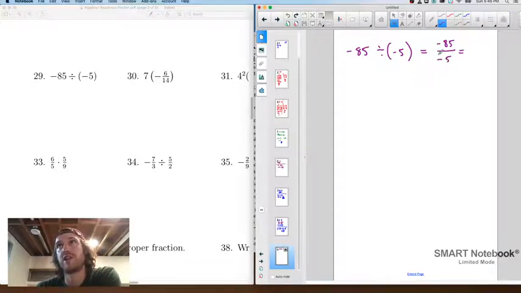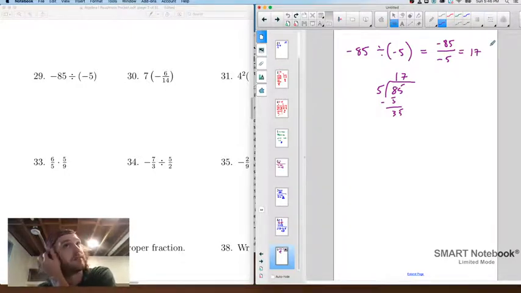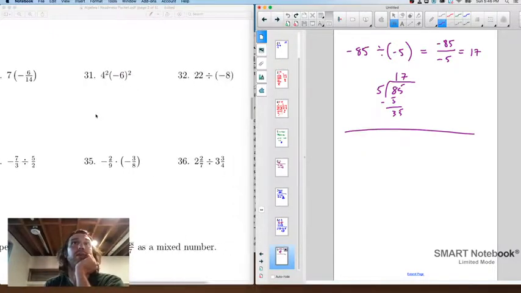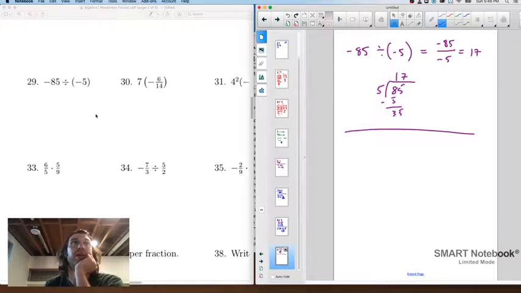Since the signs are the same, our answer is going to be positive. Then all we have to do is focus on what is 85 divided by 5. That's 17. The answer is positive 17. Okay, great. So the signs agree, which means we'll get a positive answer.